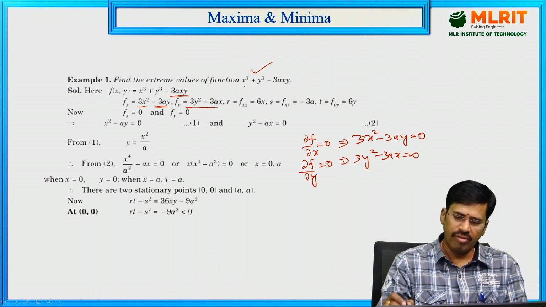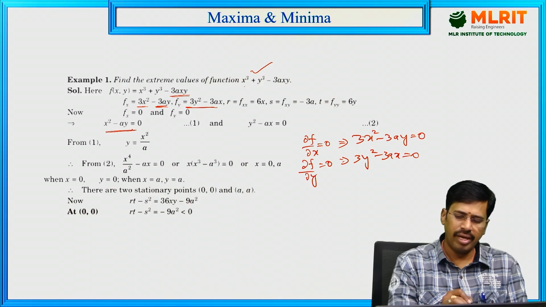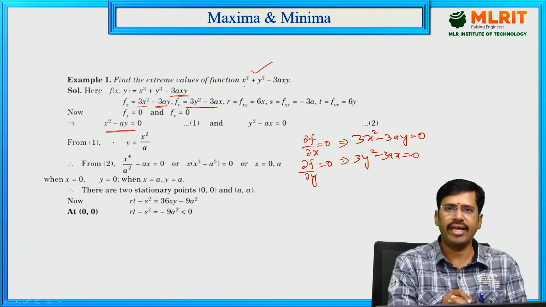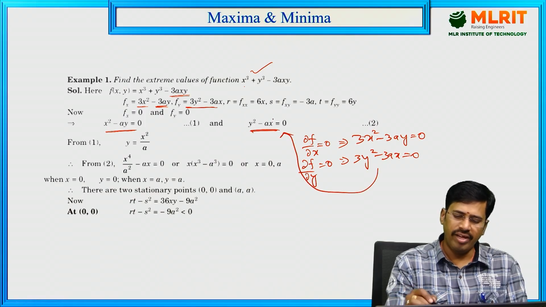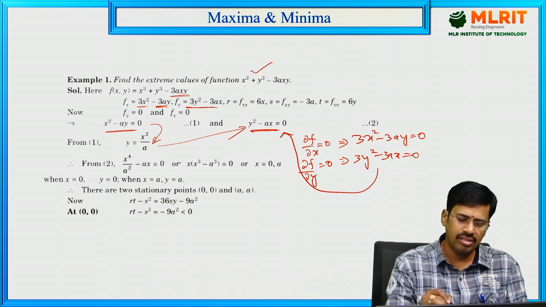So from the first equation we get x square minus ay equal to 0 by taking 3 common. The second equation can be written as y square minus ax equal to 0. From the first equation we have y equal to x square by a. Substitute that in the second equation.